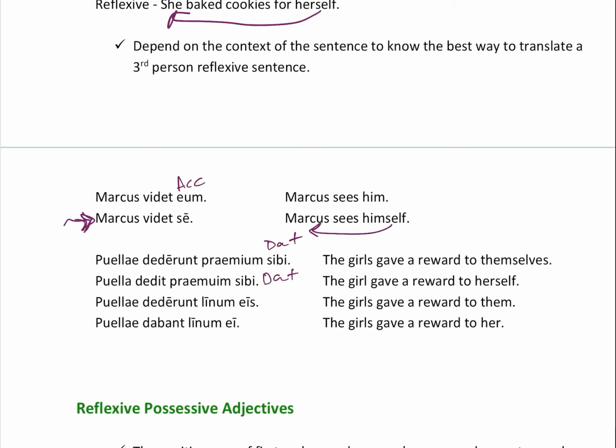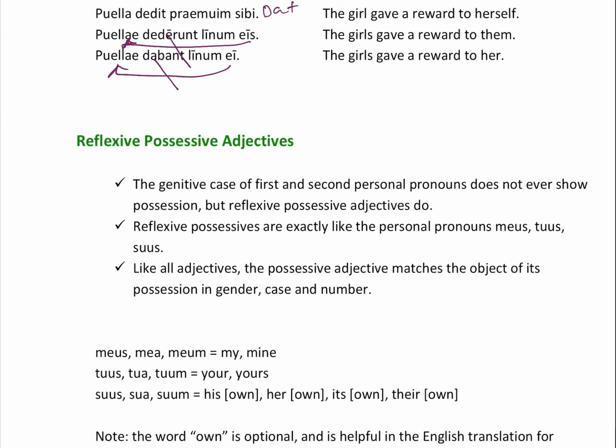Puellae dederunt praemium eis. The girls gave a reward to them, not referring back to the girls. So therefore, we're going to use a personal pronoun. Same here. The girl gave a reward to her. These are all in the dative, but it does not reflect back to puella. So therefore, it can live as a personal pronoun in the dative.